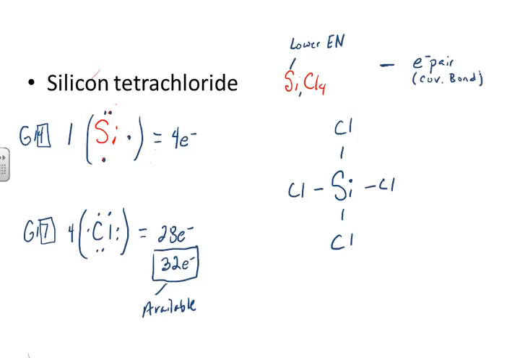We then add electrons to each atom, checking to make sure that each atom has up to 8 electrons. So our silicon in the middle, we have 2, 4, 6, 8 electrons. The chlorine has 2, 4, 6, 8, and we repeat that on each of the other chlorines.